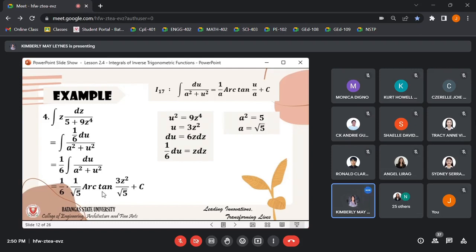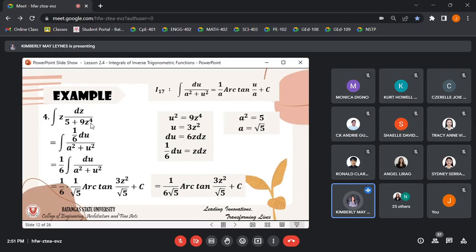So, ganun lang, multiply natin si 1/6 dun sa 1 over square root of 5. We will have 1 over 6 times the square root of 5 arctangent ng 3z squared over square root of 5 plus c. So, ganyan lang natin kinuha yung answer natin for number 4.